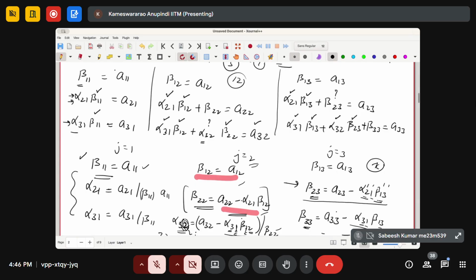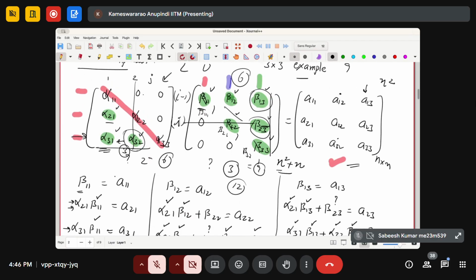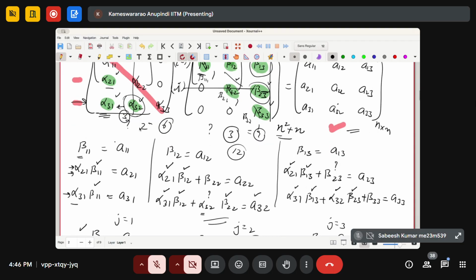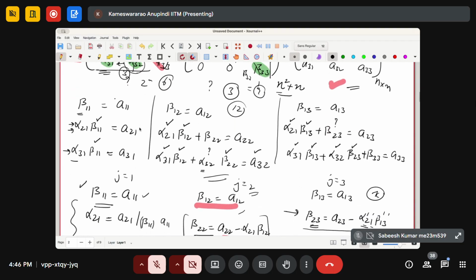You may not get the subtracting thing easily in the 2 by 2 case, because you only have these two and these two. You may get it for one of them, when you calculate beta 22, but not for alphas. So it is not generic enough to derive a pattern from there. We are trying to look at a pattern and then generalize it.